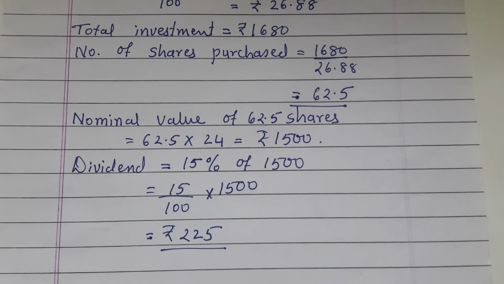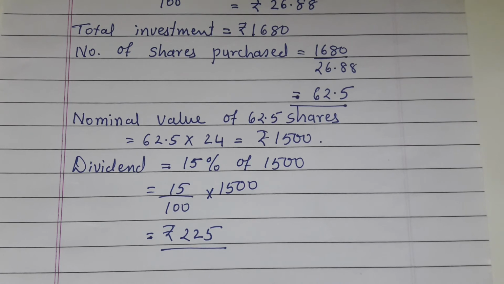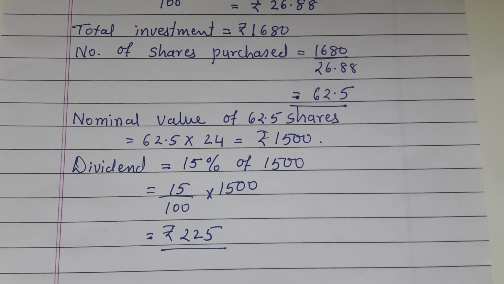Dividend equal to 15% of 1,500, that is equal to 15 upon 100 into 1,500, that is equal to rupees 225.